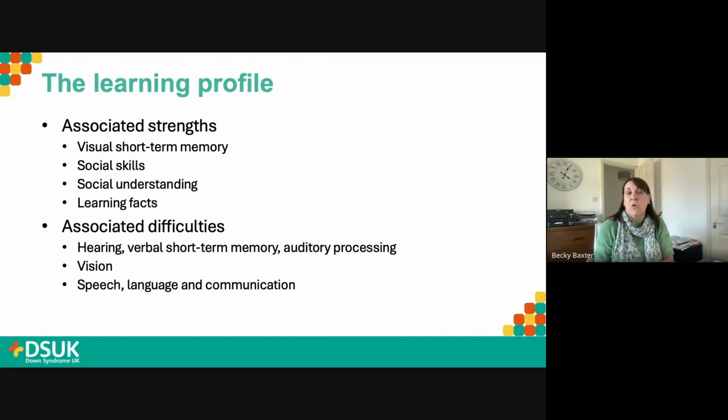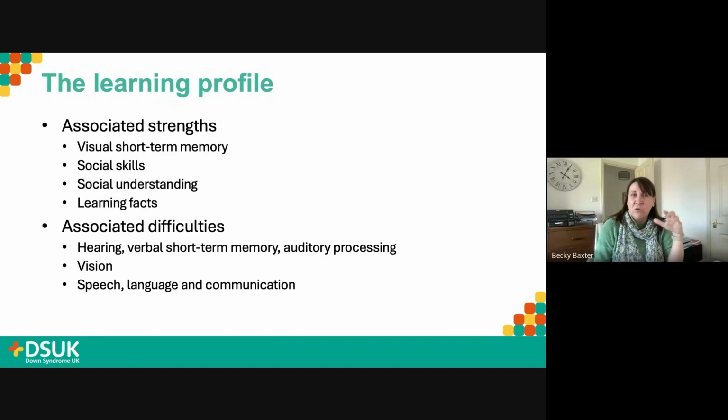Social skills and social understanding are another relative strength for our individuals with Down syndrome. And they are often very good at learning facts and learning new information, remembering those key bits of information. In terms of difficulties, there are a few difficulties associated specifically with this profile. We have a very high incidence of hearing difficulties, so children struggling with their hearing to hear information.